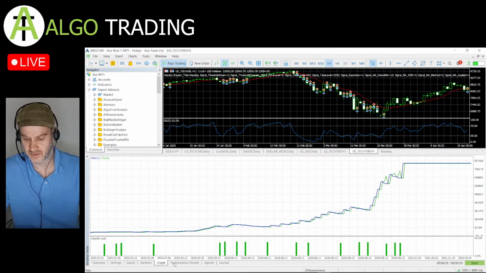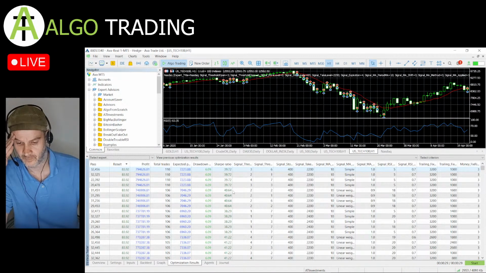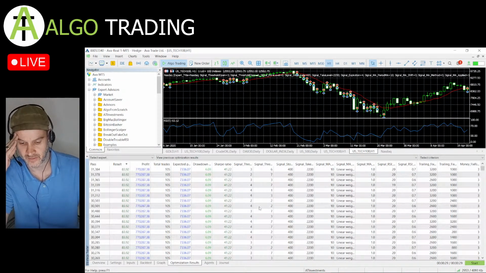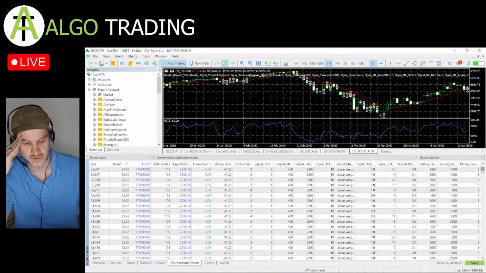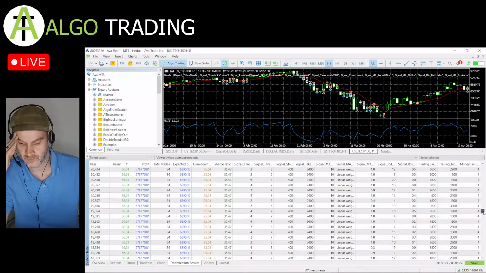So let's actually look at something else. I mean, this is a very high Sharpe ratio. I don't know how trustworthy that result is. Let's look at results.